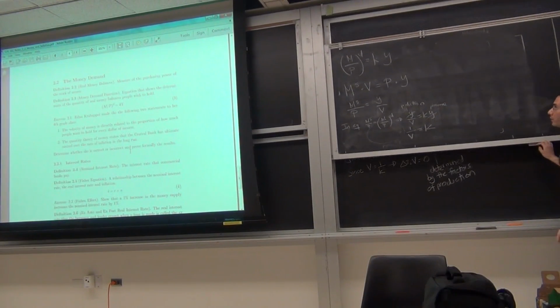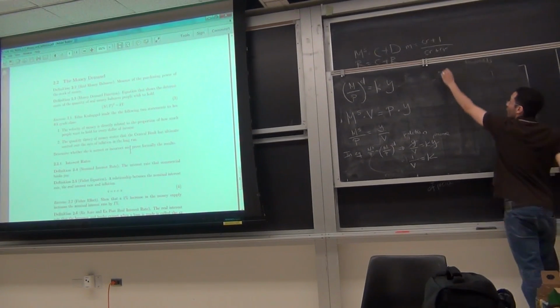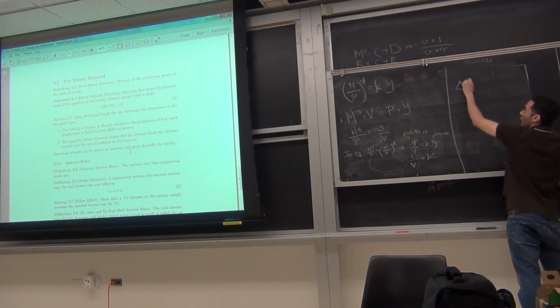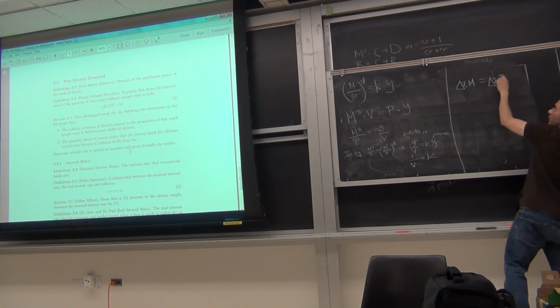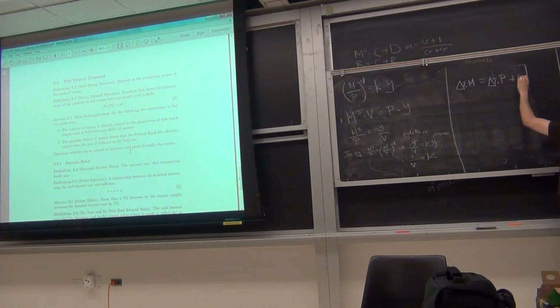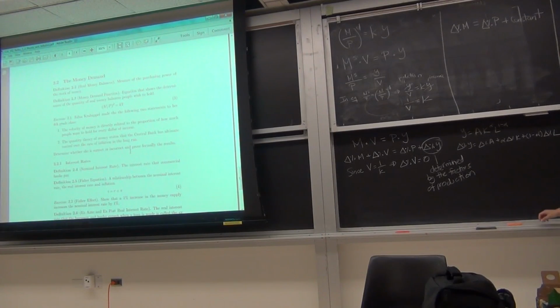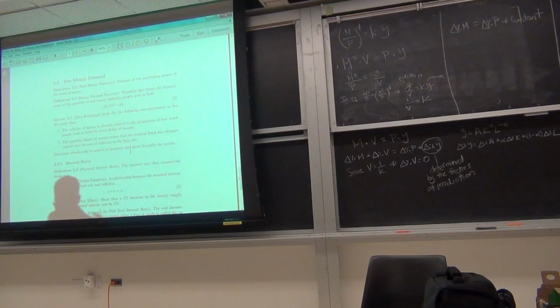One second. So in the end what I have is that the percentage change in M equals the percentage change in P plus a constant, right? If I increase M, that's not going to affect the percentage change in Y, the growth rate of production, right?